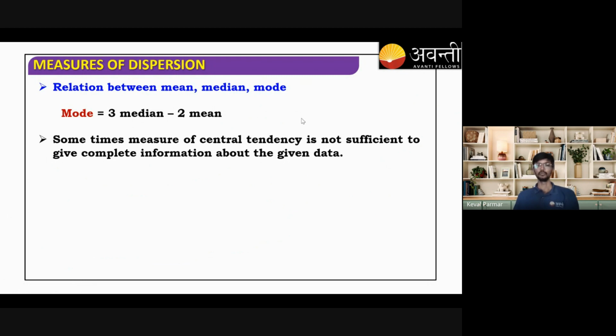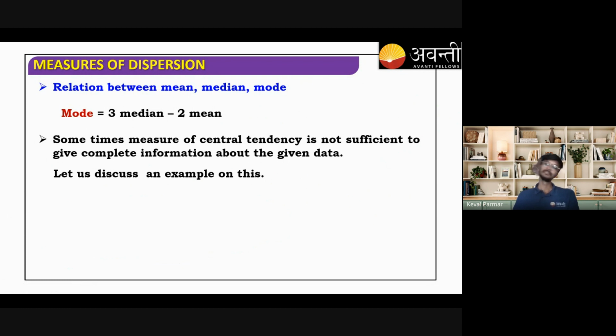So for that, we have measures of dispersion, which is a main topic of 11th standard. Till now, we have revised 10th standard mean, median, and mode. So what do we have next? Let us discuss an example on this.